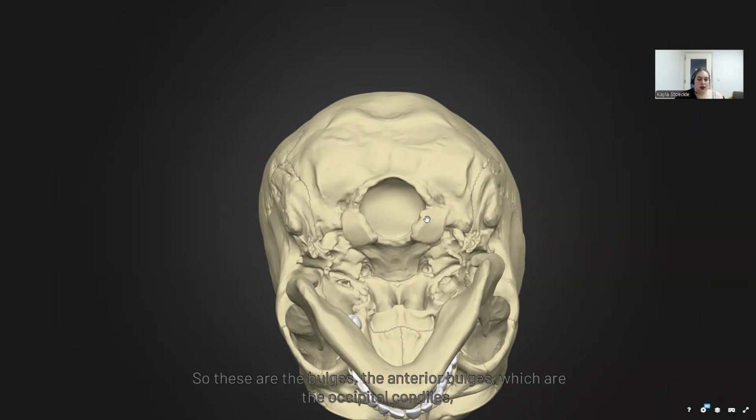So these are the anterior bulges, the occipital condyles, which will connect to the C1 vertebra. That's going to be your first cervical vertebra, also known as the atlas.